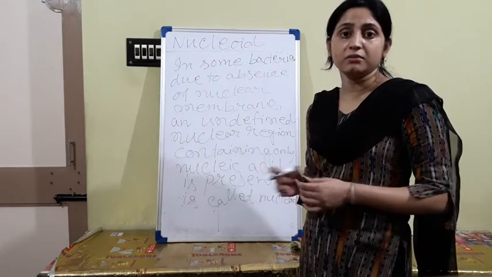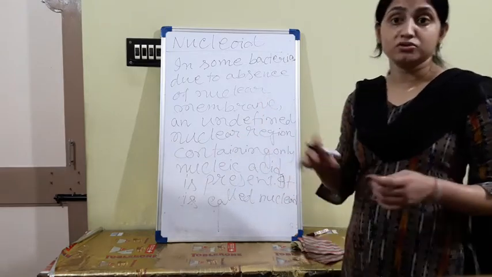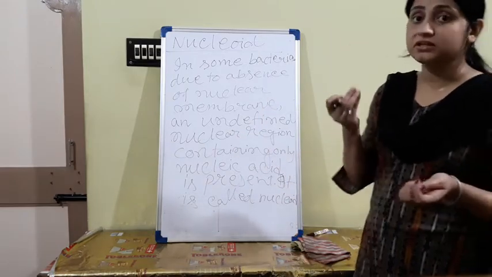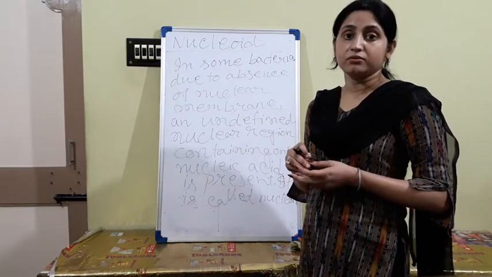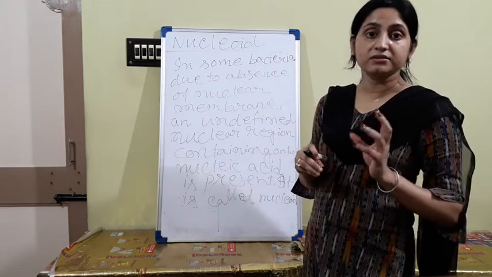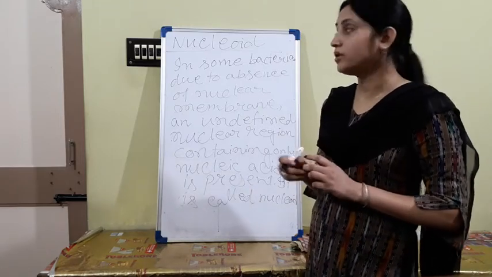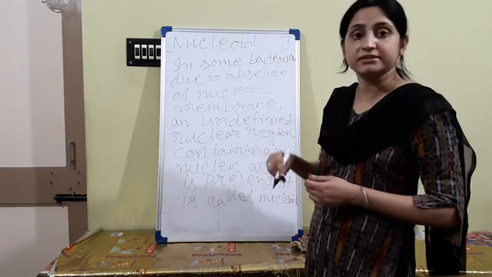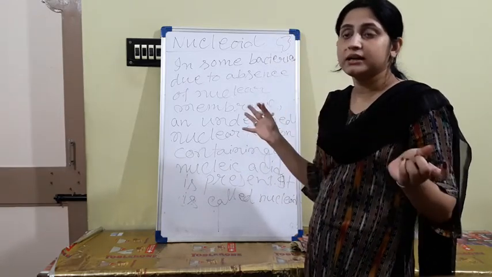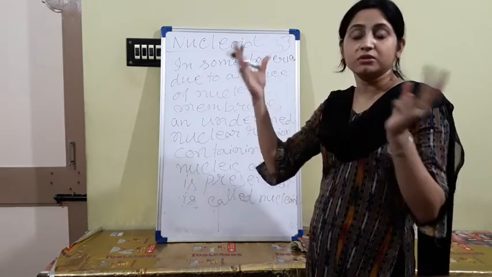They are not developed, they are primitive, there is not so much space, so only a small amount of material is present in their body, which is necessary to maintain the functions of their body. So only chromosome or chromatin, that is thread-like structures, are present. There is no nucleoplasm, there is no nuclear membrane.